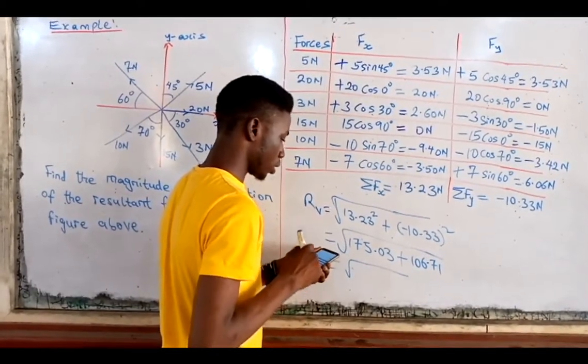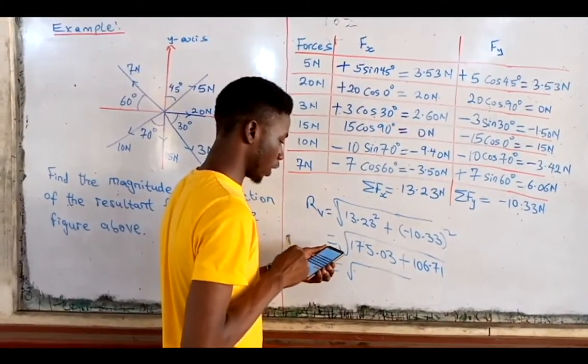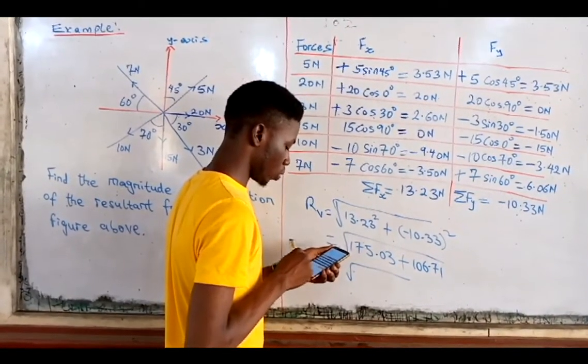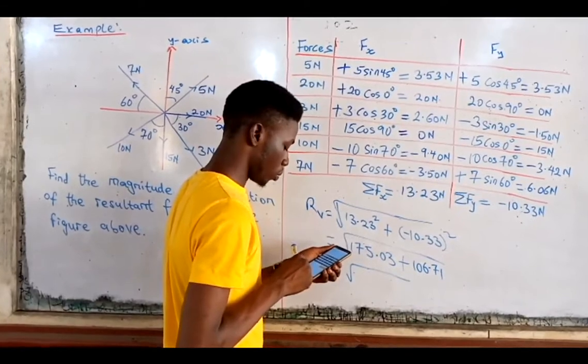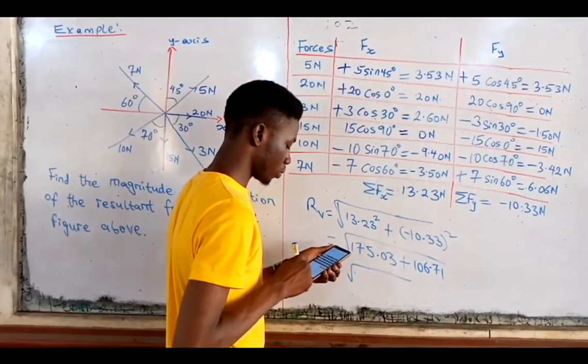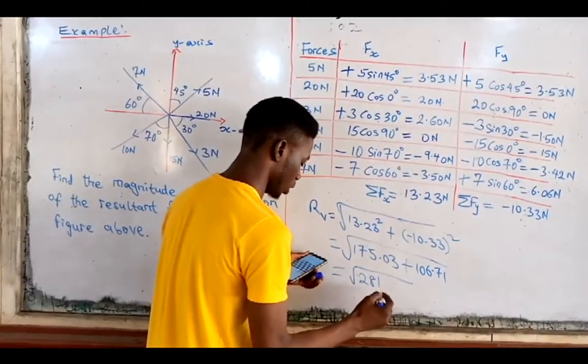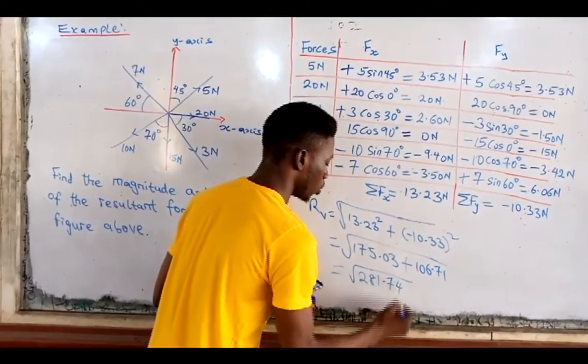If we add 175.03 with 106.71, we have 281.74.